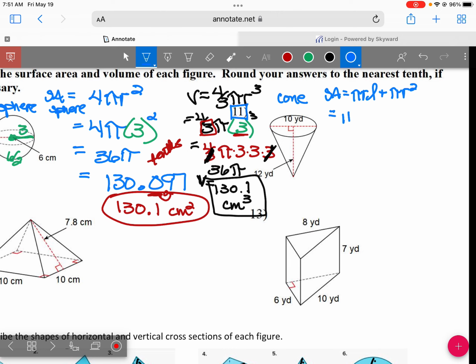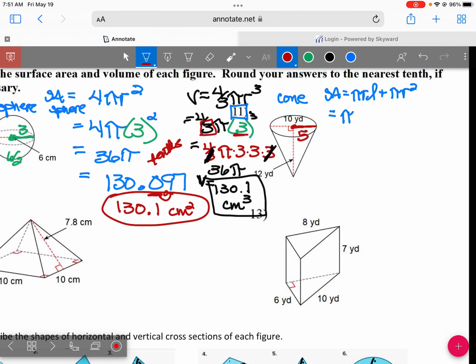All right, so pi times, what is my radius of the cone? Jason, what's the radius there? For number 11. Yeah, 5. Good job. Remember, the radius is half of the diameter.